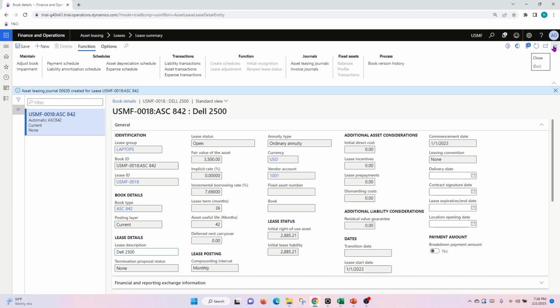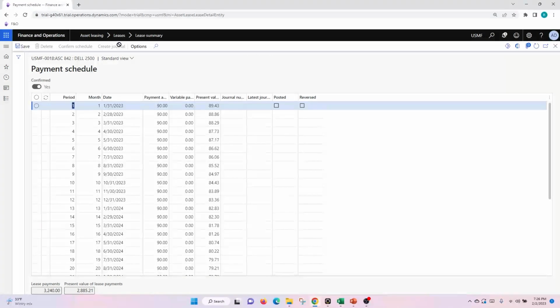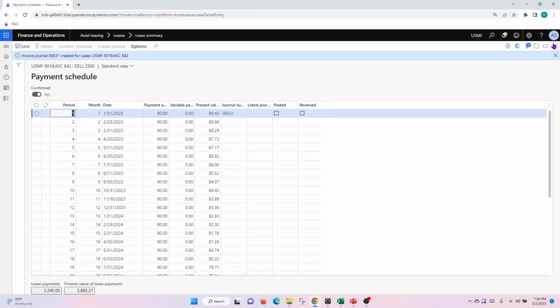So now let's say that you want to post your monthly journal entries. There were the payment schedule, the asset depreciation schedule, and the liability amortization schedule. So what we're going to do is first go to the payment schedule and just hit create journal and close here.